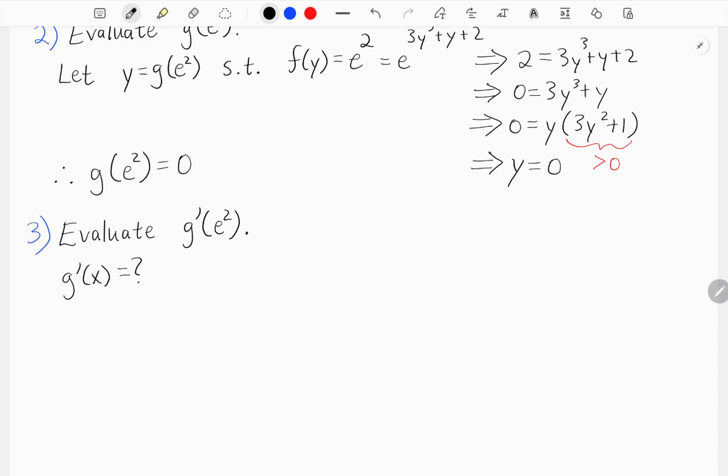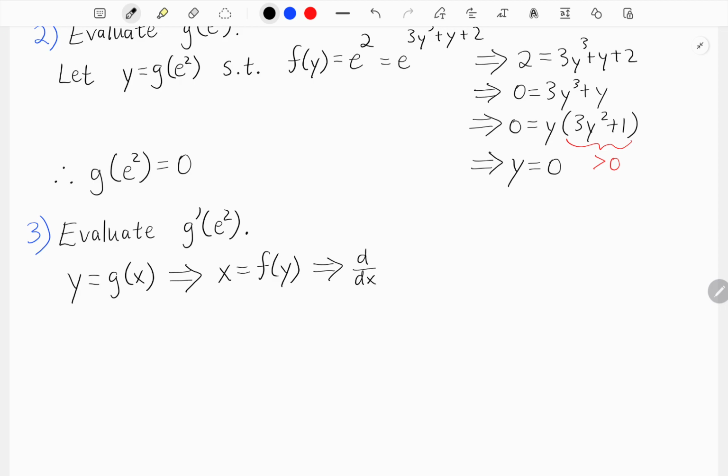So in order for us to do that, let's do some differentiation. So if we let y is equal to g of x, this implies that x is equal to f of y. Okay, since f and g are inverses. So now what we can do is apply the derivative operator on both sides.